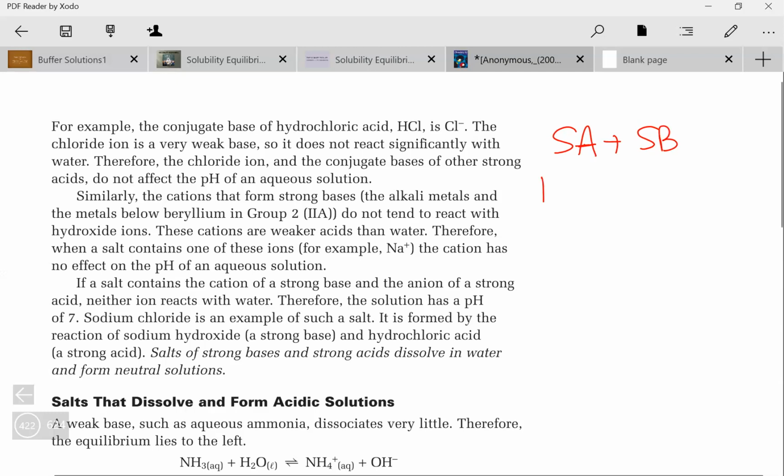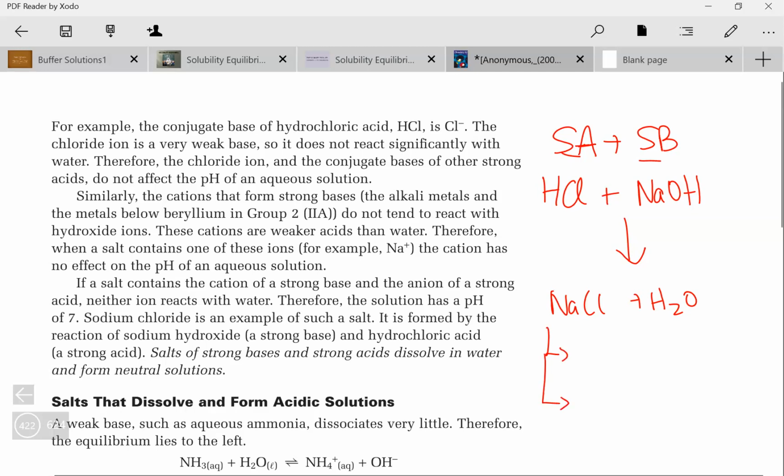So a strong acid example is HCl, a strong base is NaOH, and when both of these react, they give us NaCl plus water. And this is a neutral salt because both of these are strong. And if we look at the reactions in water, I have the Na plus ion and the Cl minus ion.